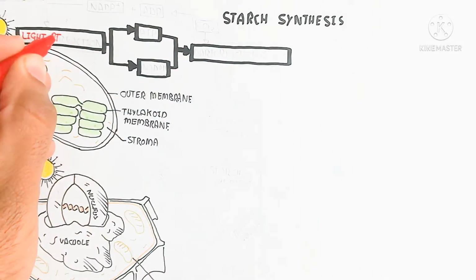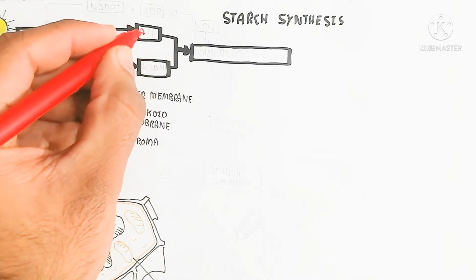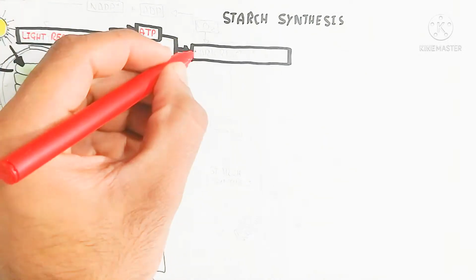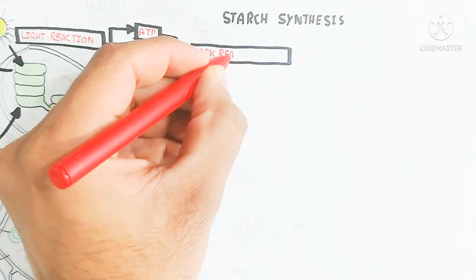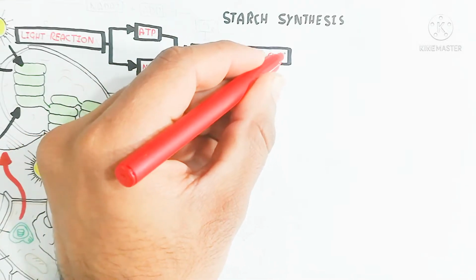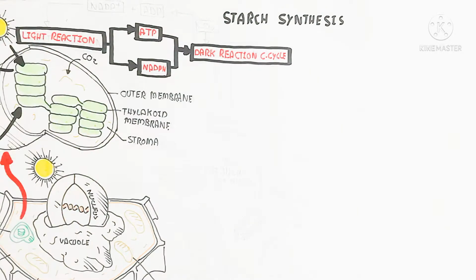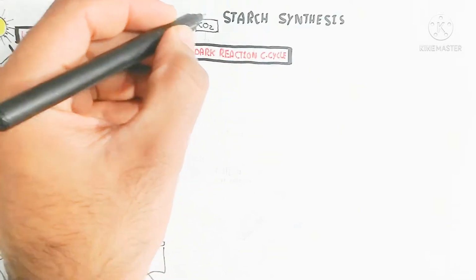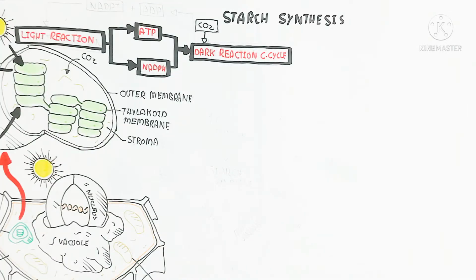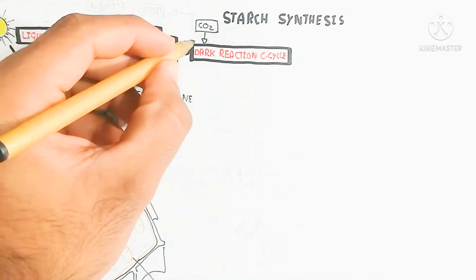So let's begin to understand. Here is the light reaction. This light reaction produces ATP and NADPH, which are used for the dark reaction, the Calvin cycle. The Calvin cycle fixes carbon dioxide.